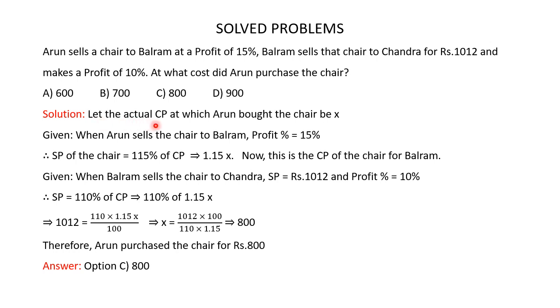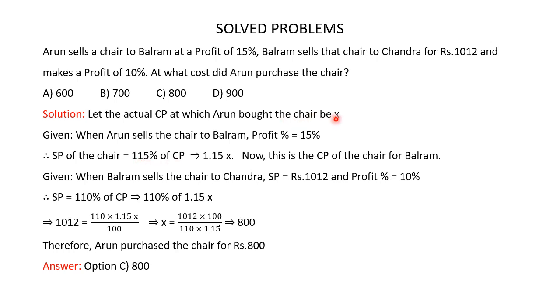Now let's assume that the actual cost price at which Arun bought the chair is rupees X. It's given that when Arun sells the chair to Balram, the profit percent is 15%. So selling price of the chair is equal to 115% of cost price.